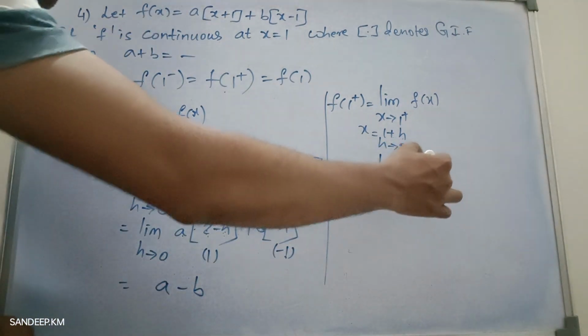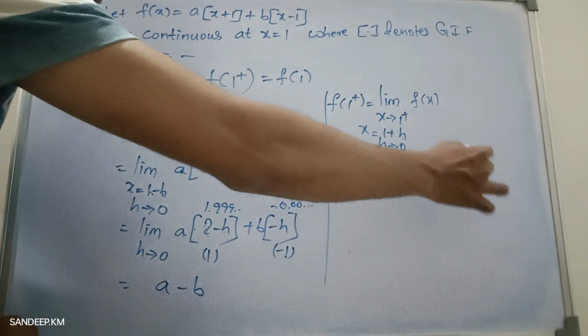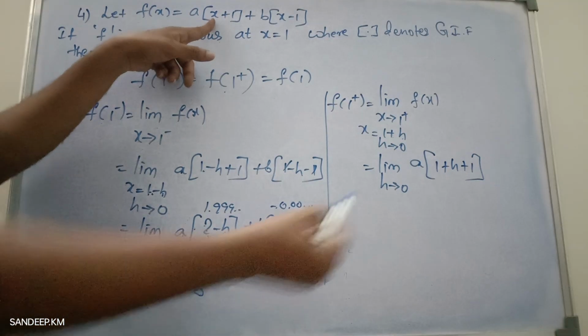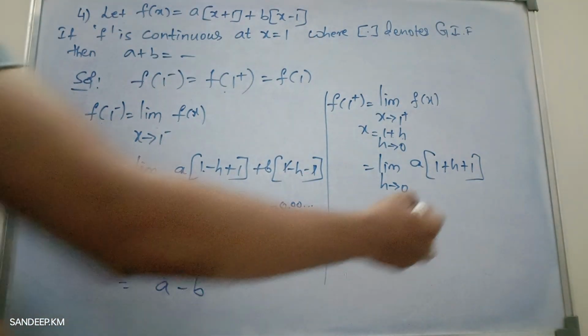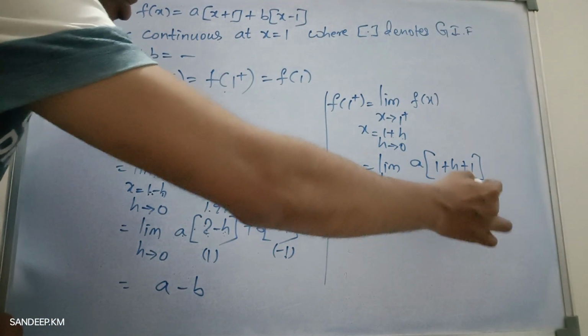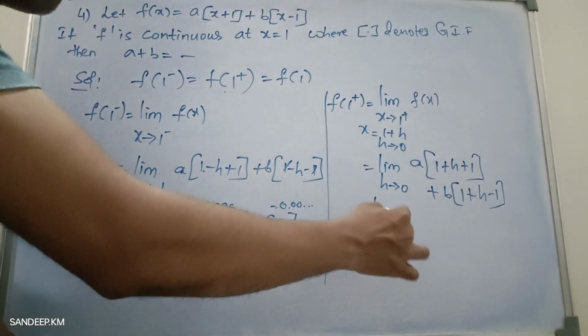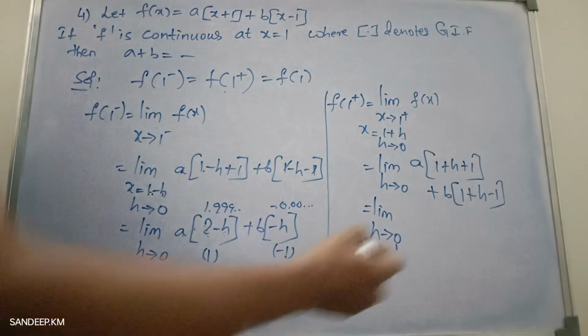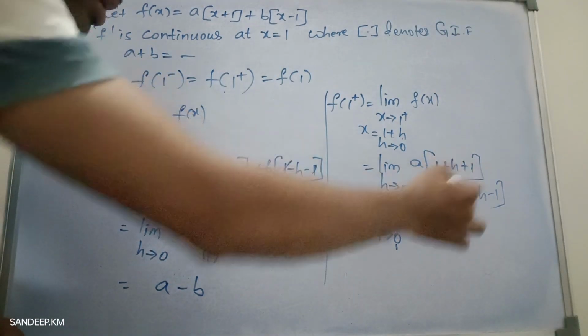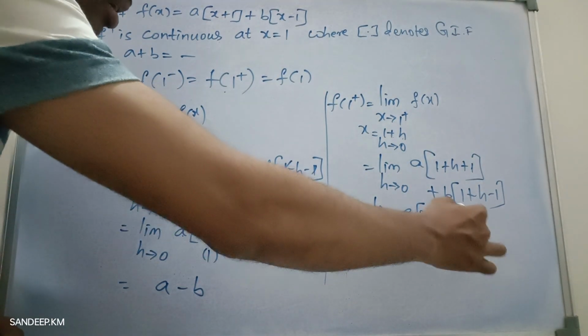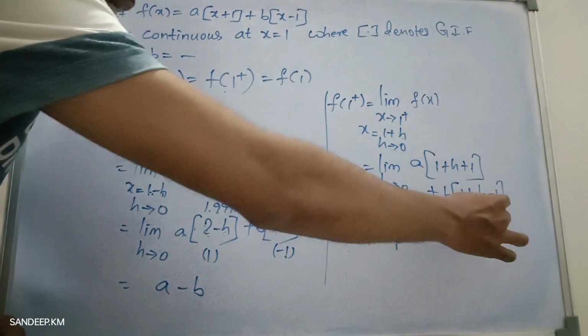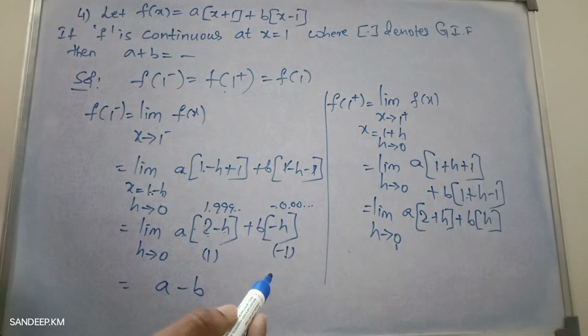So it is a into step of 1 plus h plus 1. Instead of x, I have written what? 1 plus h. Similarly plus b into step of 1 plus h minus 1. Next dear students, it is limit h approaches 0. A into step of 1 plus 1 will be 2 plus h, plus b into step of only h, because plus 1 and minus 1 will get cancelled.